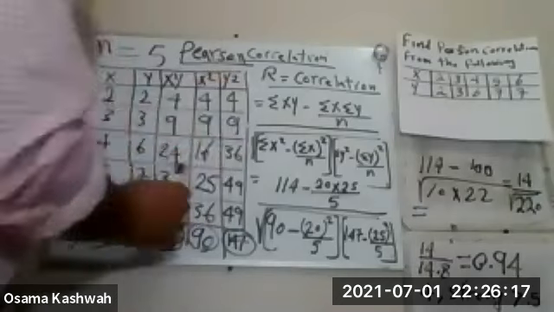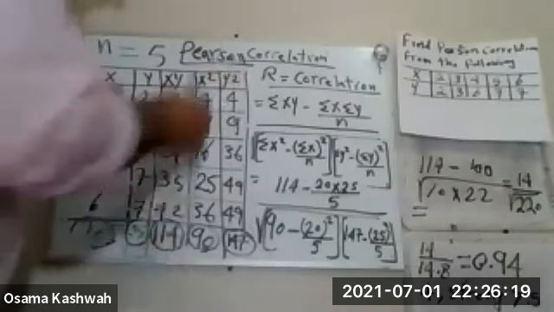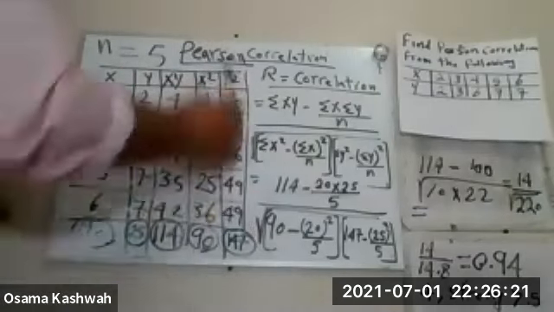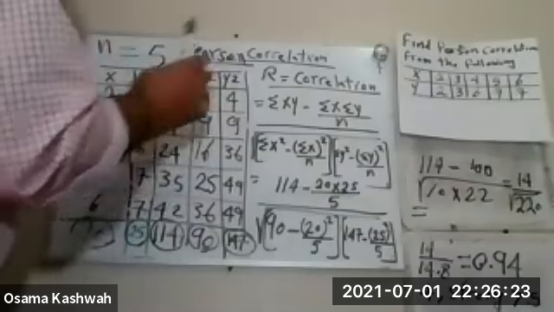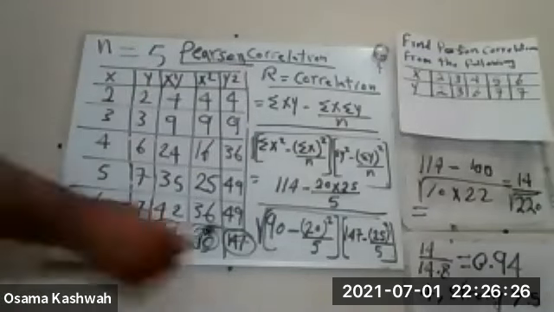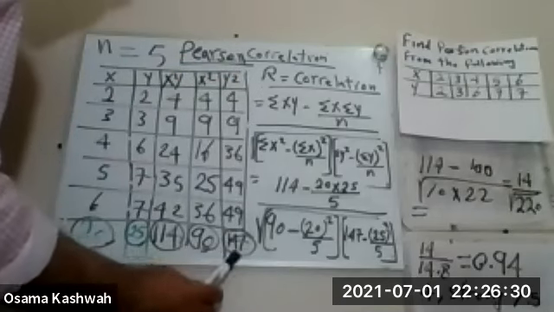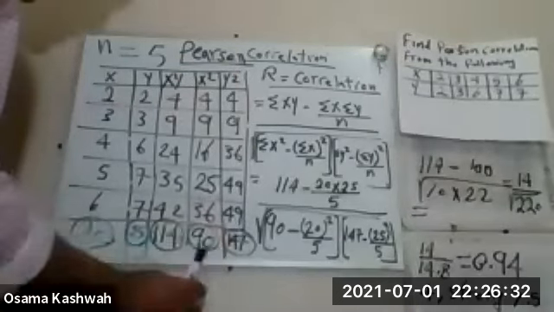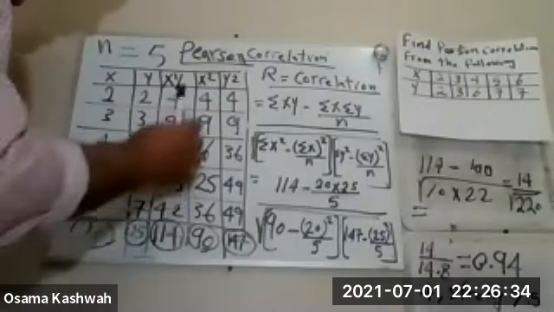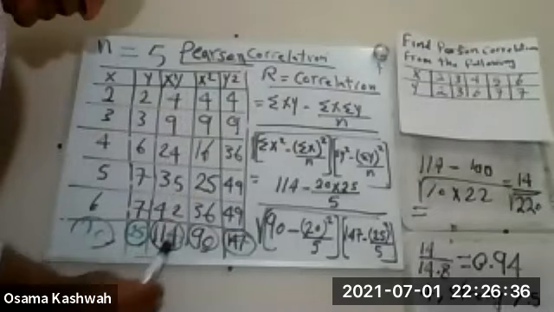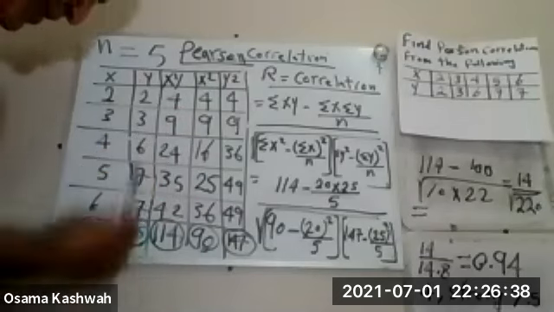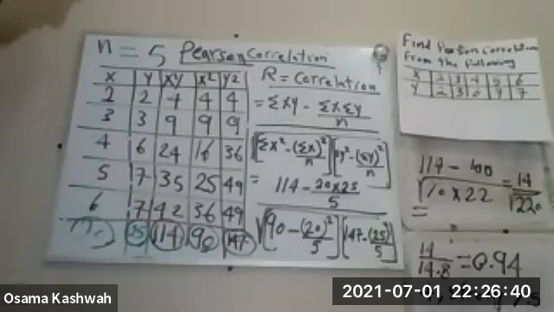Square means multiply by itself. And Y squared, same thing. Then we add them all together: 147, the sum of this is 90, 114, 25, and for X it is 20.